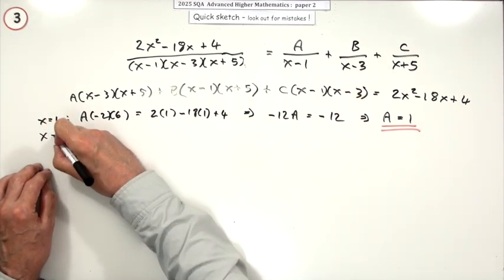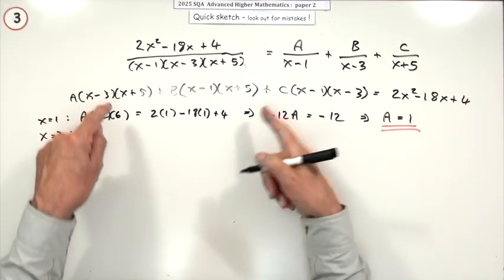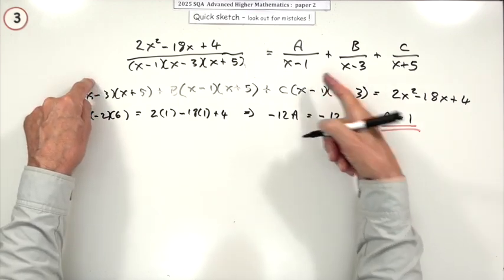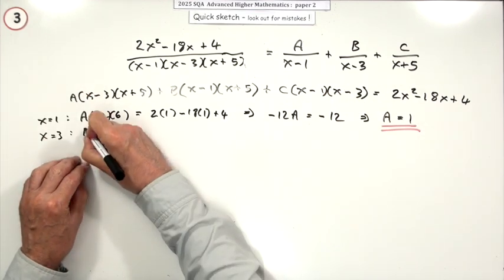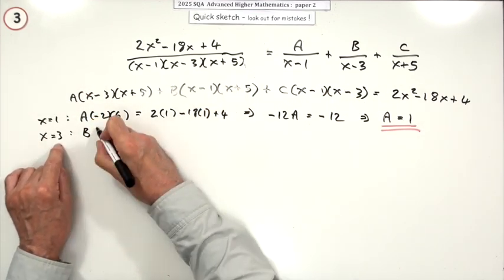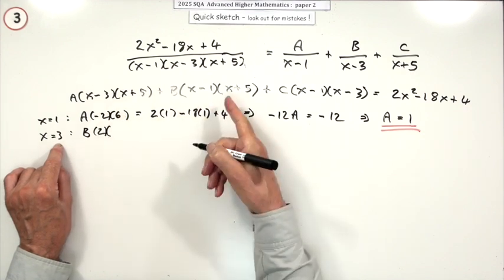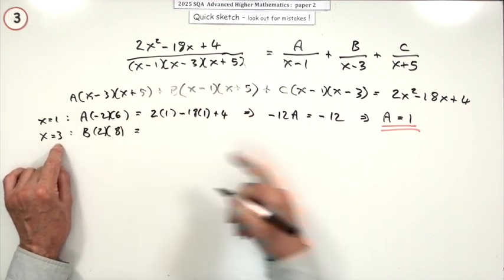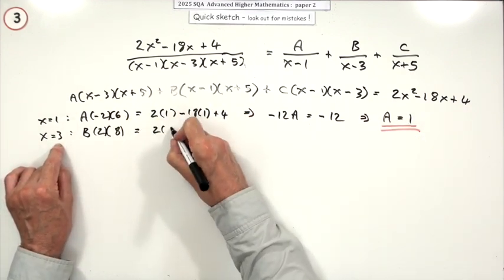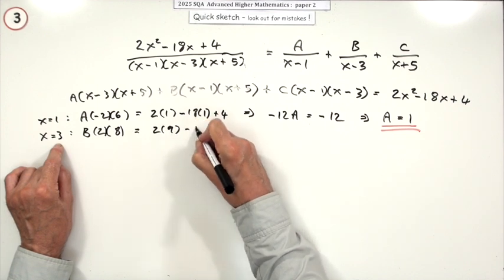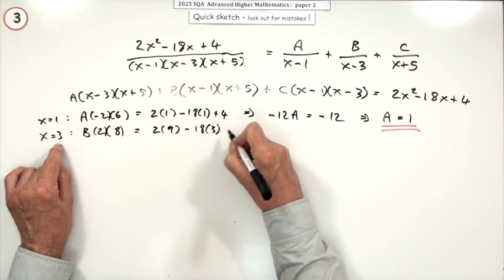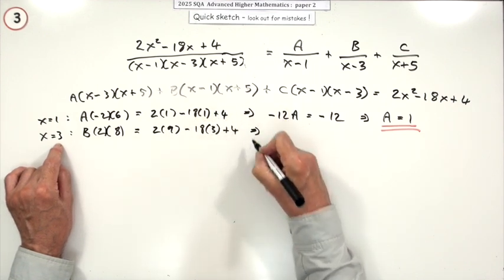Same for the B, make x equal to 3, because that will knock out the other 2, because those 2 terms would become 0. So B times, now putting 3 into that, that will be a 2 times an 8, and on this side I've got a 2 times a 9 minus an 18 times a 3, plus the 4.